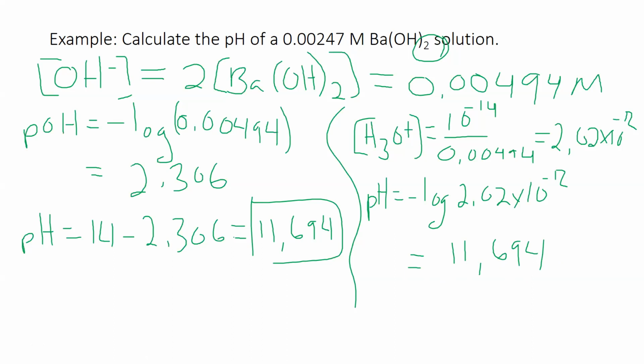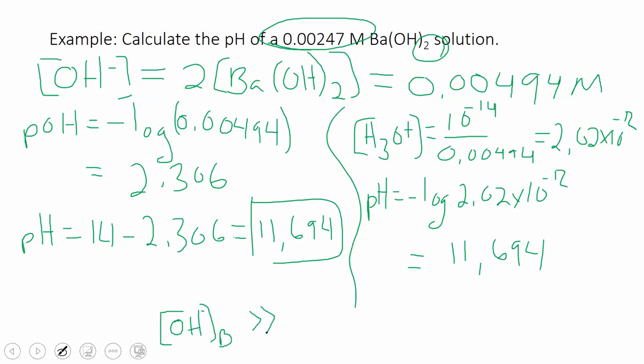Okay. So any questions on calculations of pH of strong base solutions? Remember, and by the way, notice these strong base solutions have fairly large concentration of hydroxide compared to the concentration of hydroxide from the autoionization of water. So this works because the concentration of hydroxide from the base is much greater than the concentration of hydroxide from the autoionization of water, right?